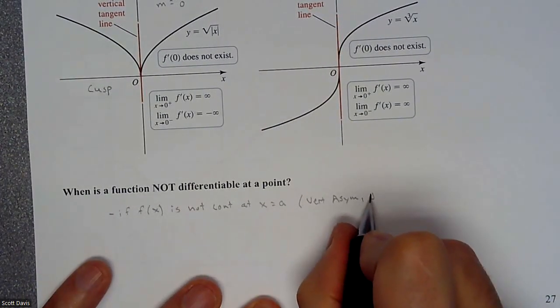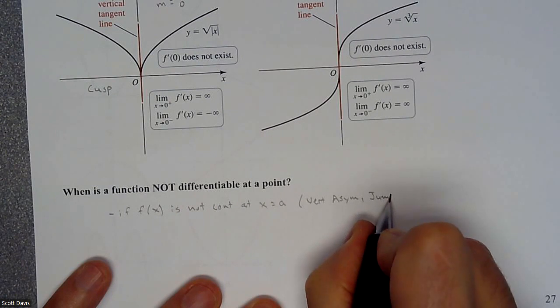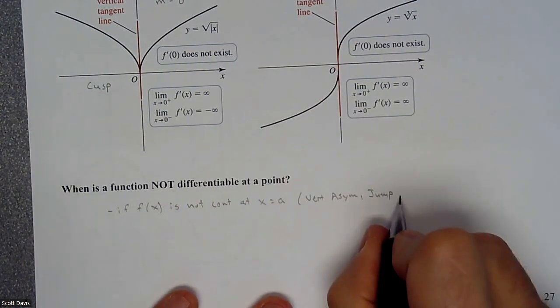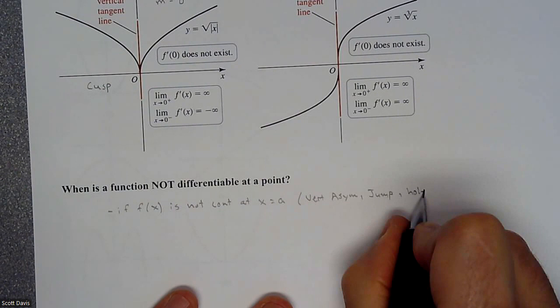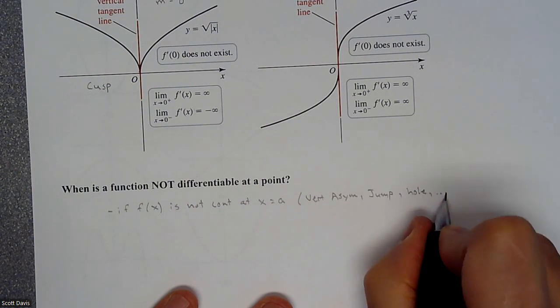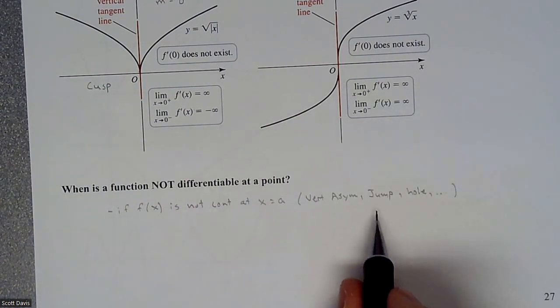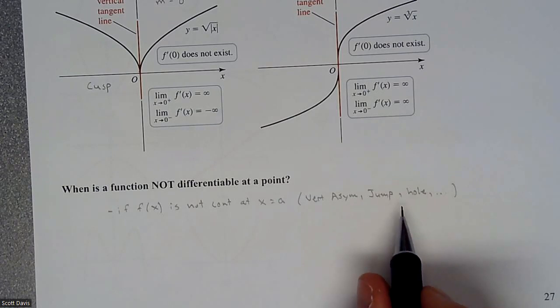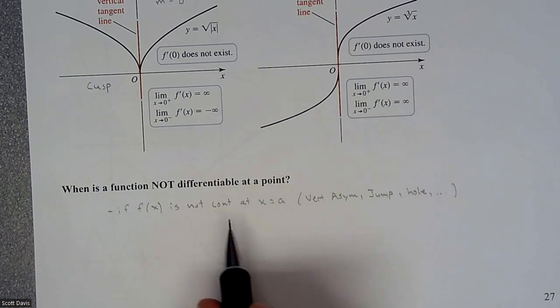Think a jump discontinuity. Think hole. So a vertical asymptote, a jump, a hole, we are not going to be continuous at that spot.